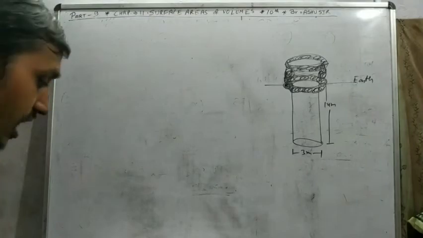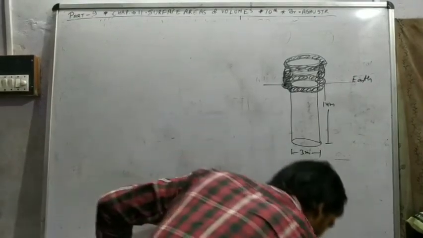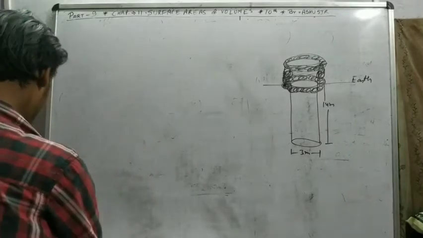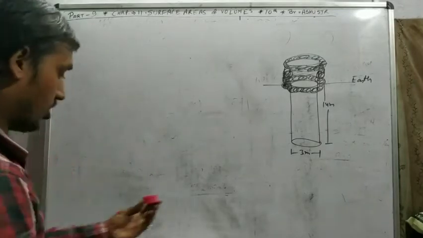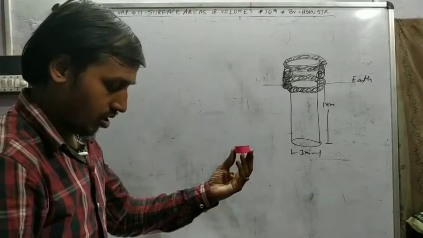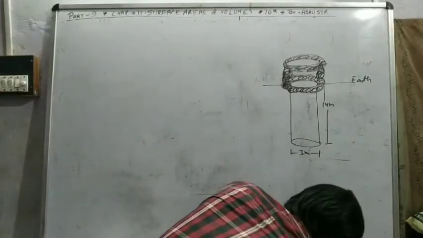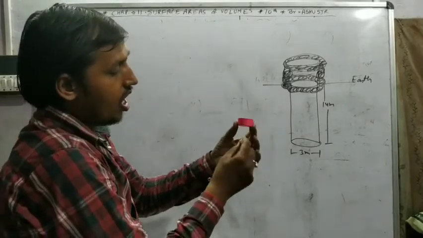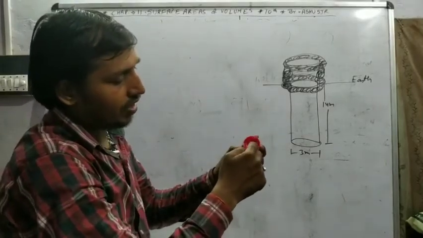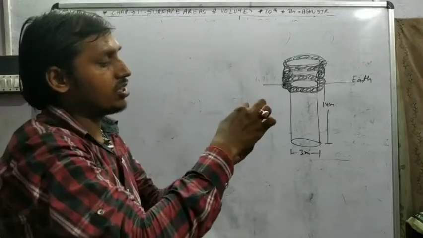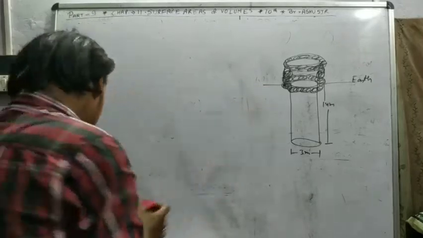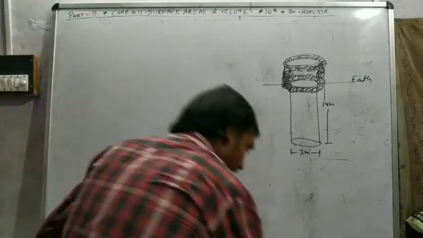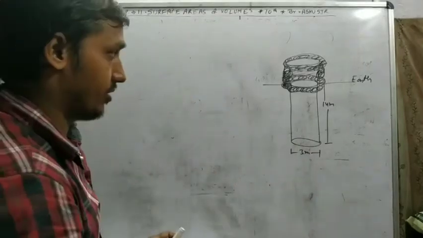Means just like this, suppose the well is downside and the hollow part is the well, and the upper part is the embankment, the side wall in the shape of a hollow cylinder.